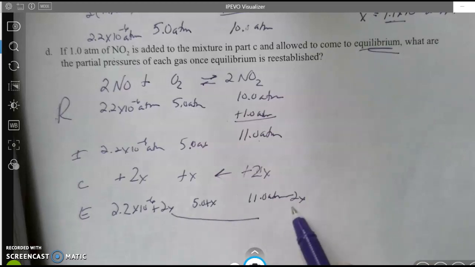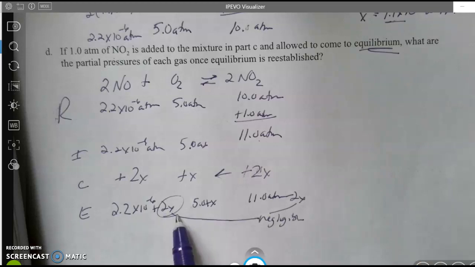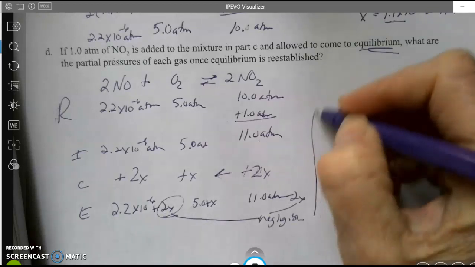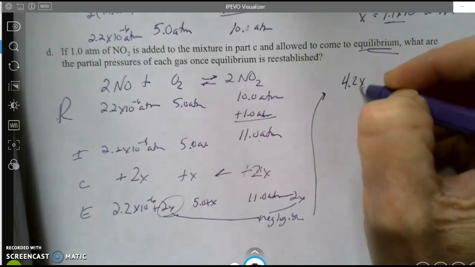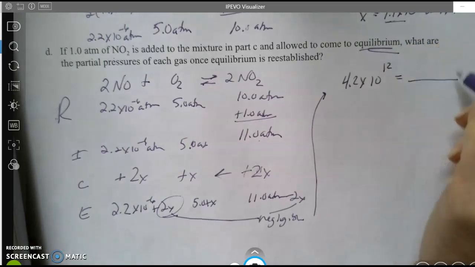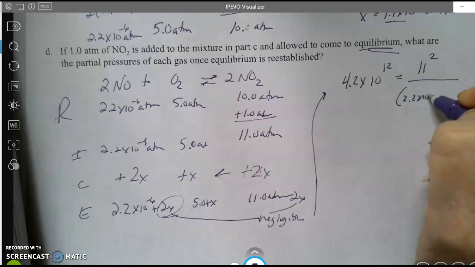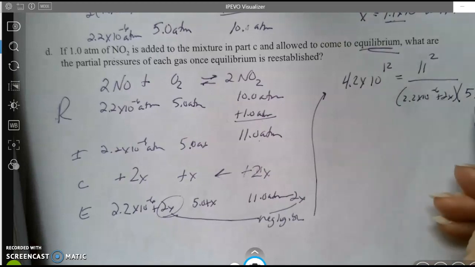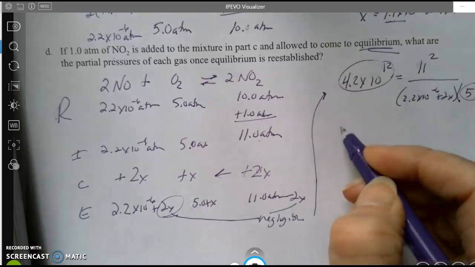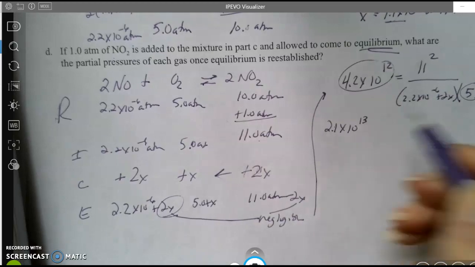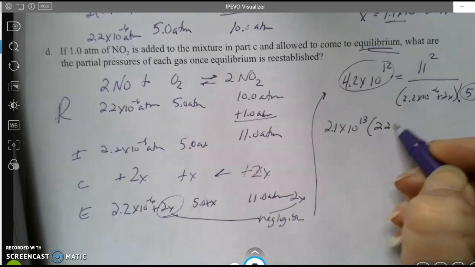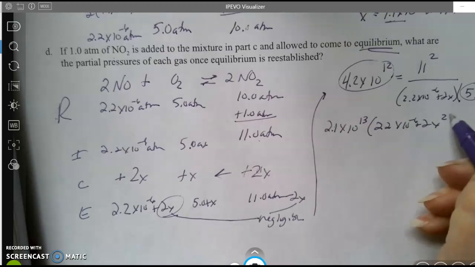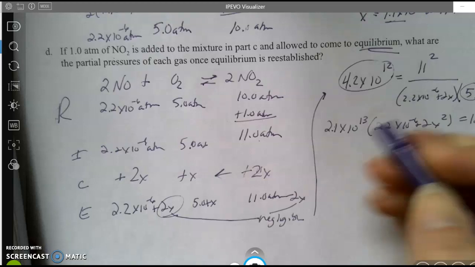Again, these parts here are negligible because of this high value. This part, however, is not. So this one's full-blown quadratic formula with distribution and all that other craziness. So I'm basically going to get this part and this part together and do 2.1 times 10 to the 13th times my 2.2 times 10 to the minus 6 plus 2x squared equals 121.